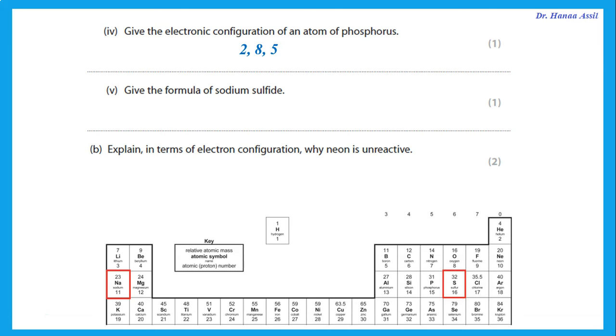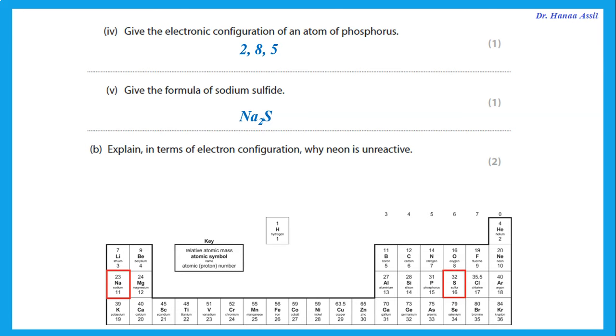Sodium is in group 1, so valency 1. So the S has 1 under it, which is not written. But the valency of sulfur is what? Sulfur is in group 6. It needs 2 electrons to have a full outer shell. So its valency is 2. The 2 goes under the sodium. So this is the formula of sodium sulfide.